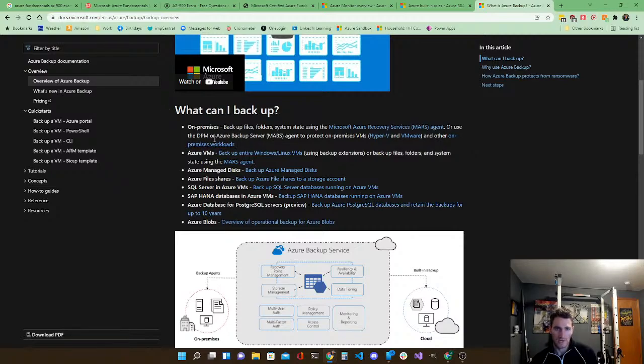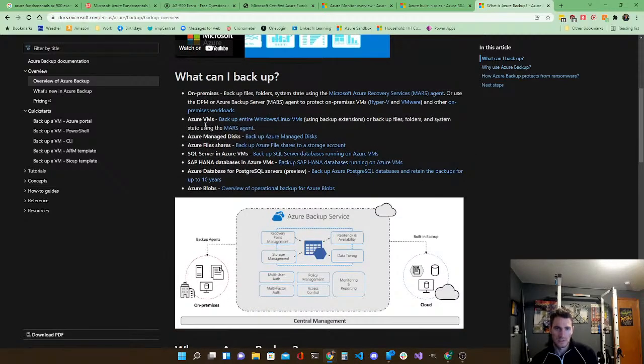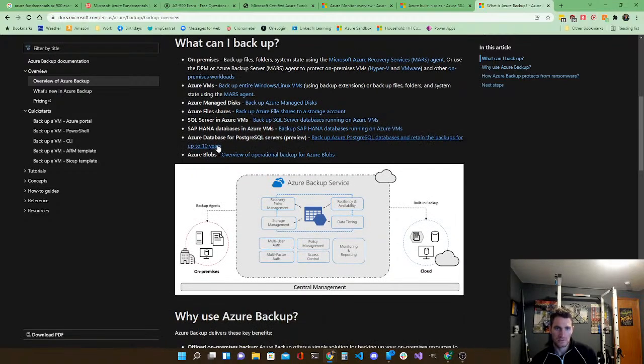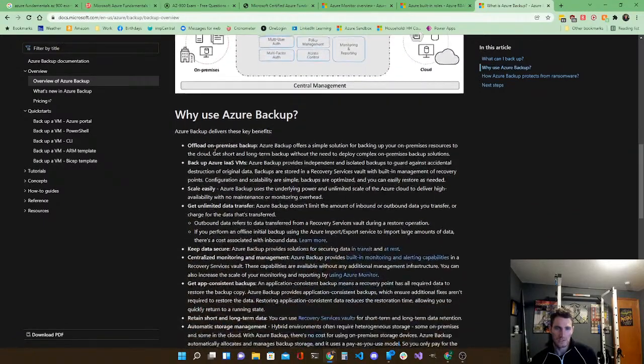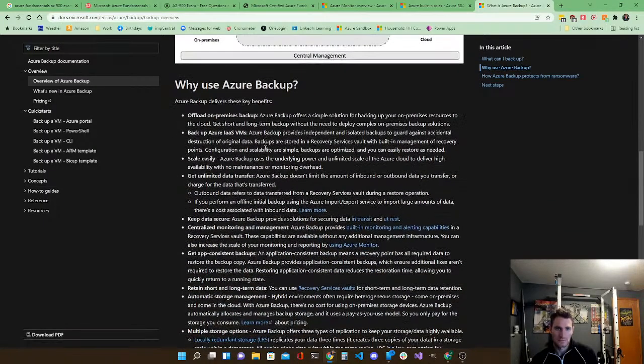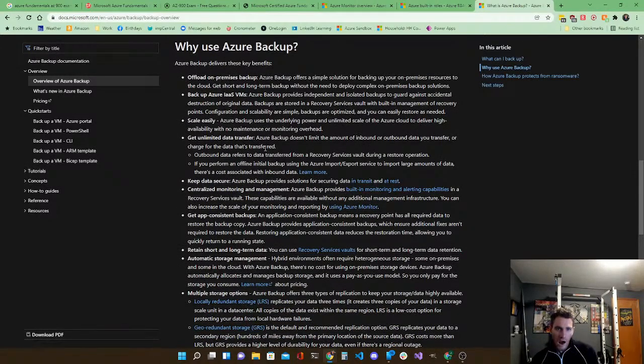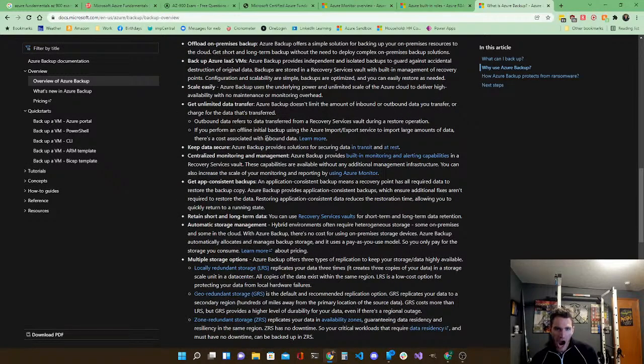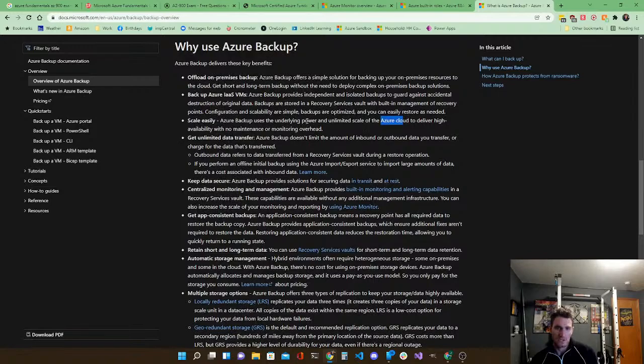So you can back up on-premise, Azure VMs, managed disks, file shares, SQL Server, databases for Postgres, blobs. Use the underlying power and unlimited scale of Azure Cloud, deliver high availability with no maintenance. So I guess that's the other thing. If you've got a ton of stuff going on, then you want this backup that scales.